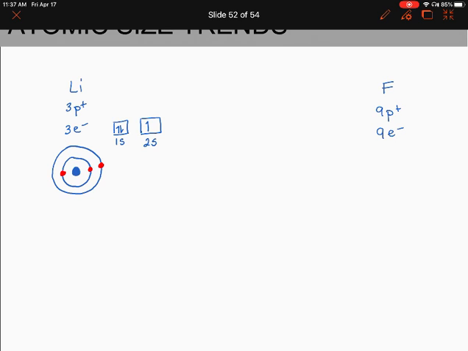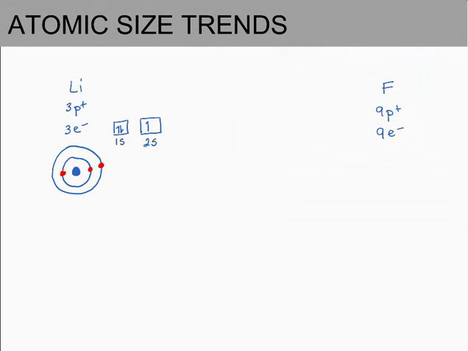Now let's look at fluorine. So here's fluorine's nucleus, and then let's draw the atomic orbitals. So we have 9 electrons, so 2 will be in the 1s orbital. And I'm just drawing half arrows because they're quicker.